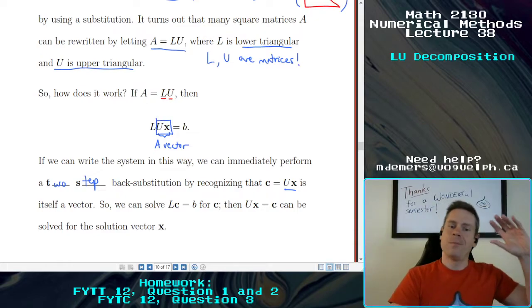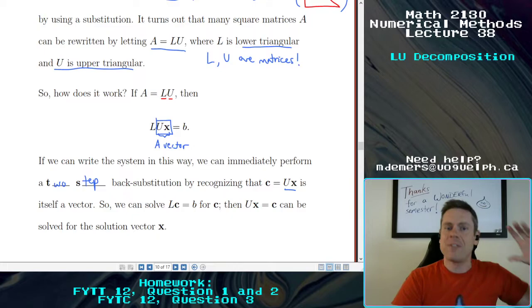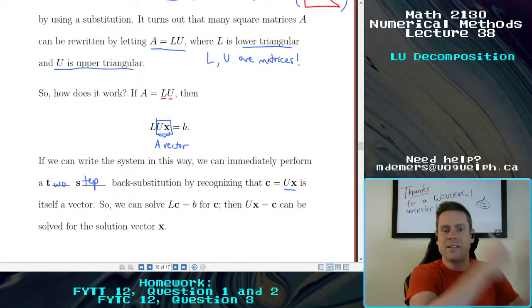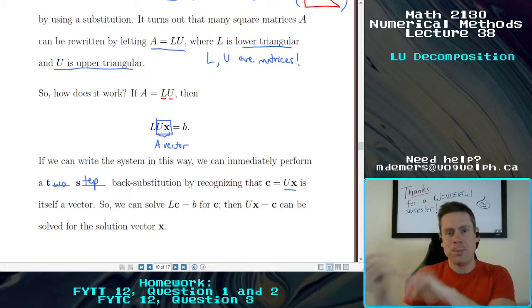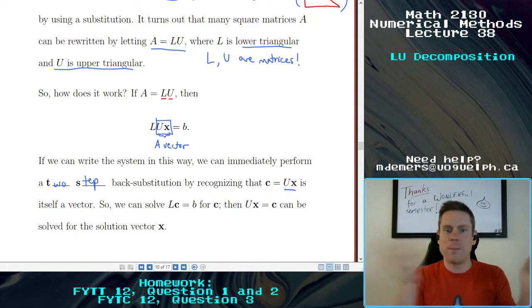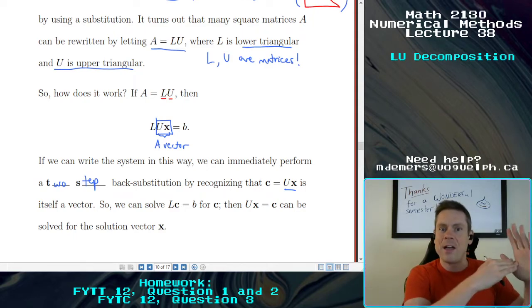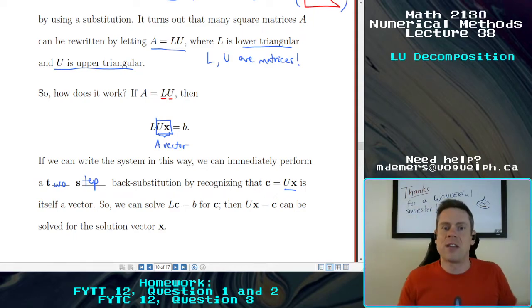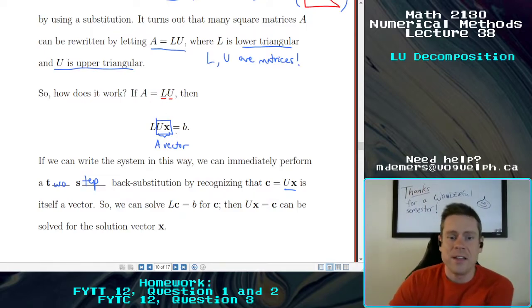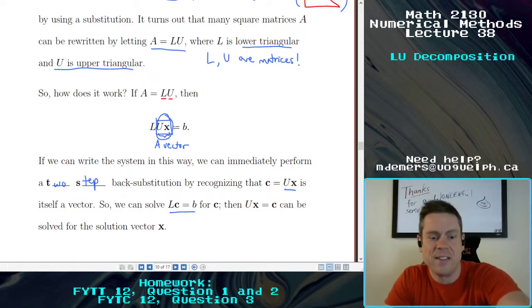And if I have that vector sitting there, that means that I have a different system: L times that vector equals b, which means that I can just do a back substitution because I know that L is triangular. I can do that one component at a time. So here's the idea: solve Lc equals b, where we call that vector c.